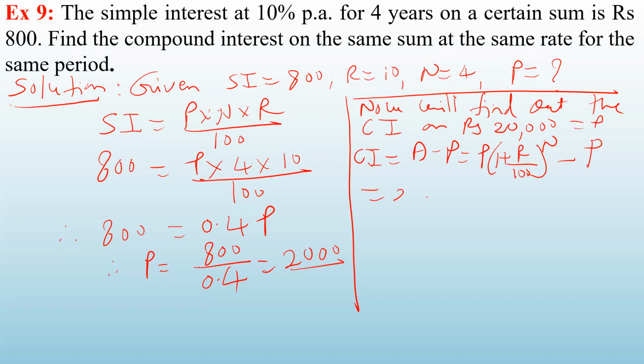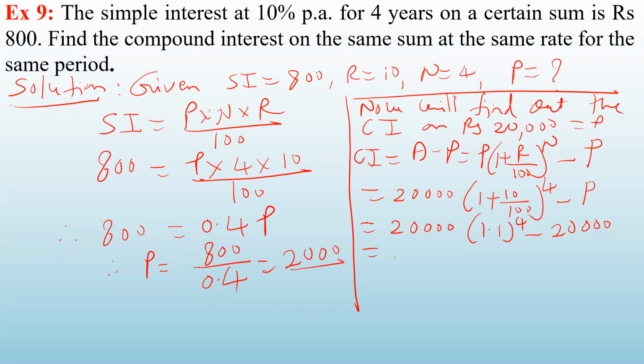So this is 20,000 into 1 plus R, how much? 10 upon 100. N is 4, minus P. Okay. So it is nothing but 20,000 into 1.1 raised to power 4 minus 20,000. P is 20,000. Find out 20,000 into 1.1 raised to power 4.